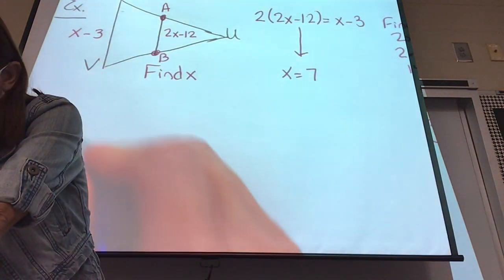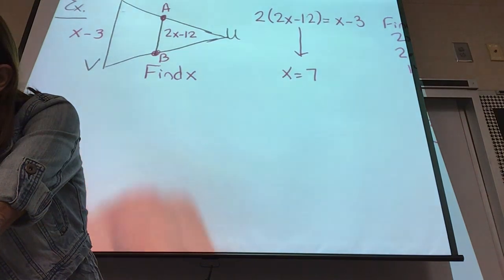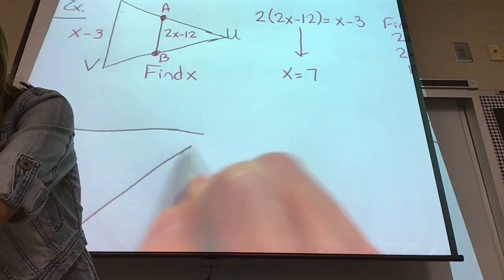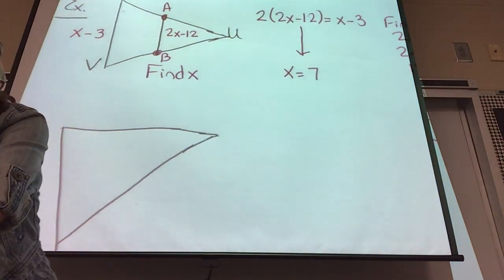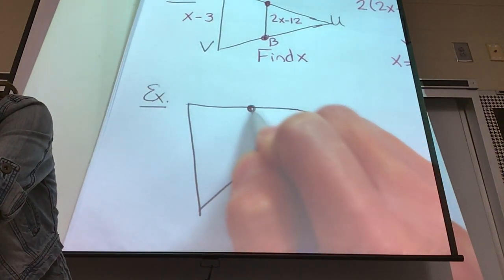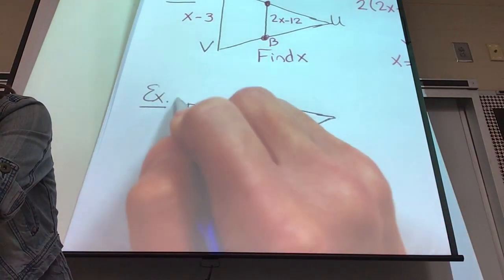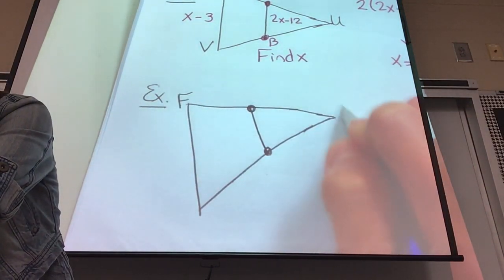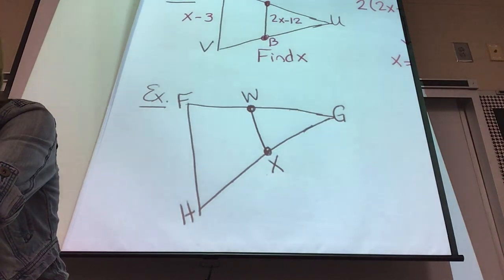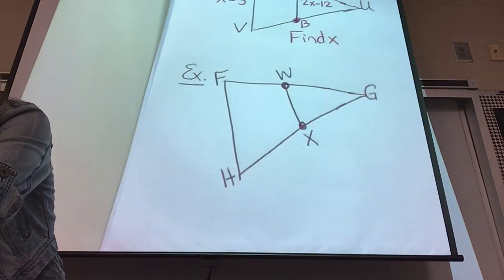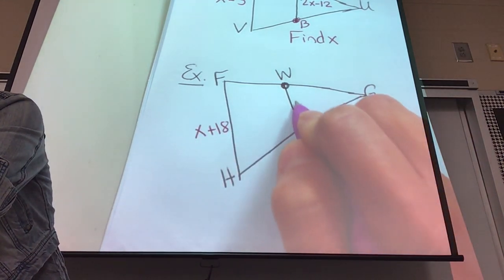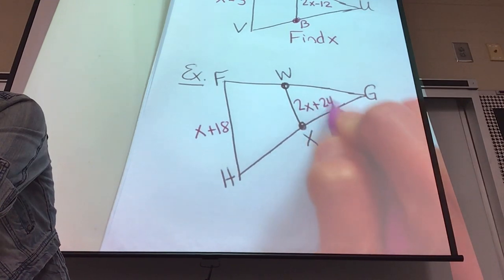So on this particular problem, okay, I've got my triangle here. My triangle is FGH. My mid-segment is WX. I know that this piece down here is x plus 18. I know this piece is 2x plus 24.